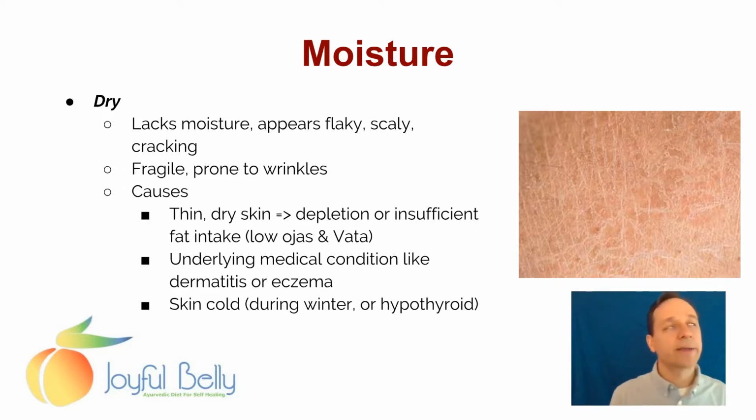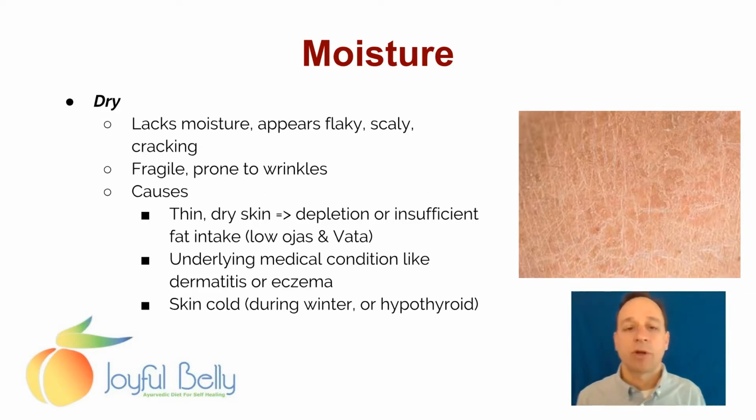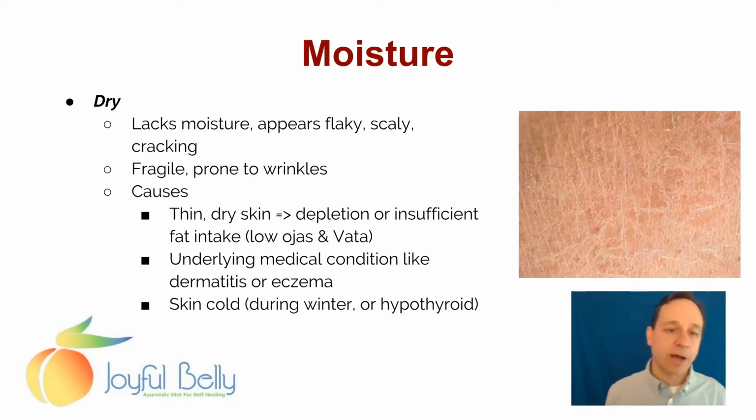And dry, I should really clarify here that in Ayurveda, moisture doesn't just refer to water, but also to oil. And so a lack of oil or fat in the skin is considered to be a dry sign. And it's that lack of oil that's going to make the skin prone to wrinkles.